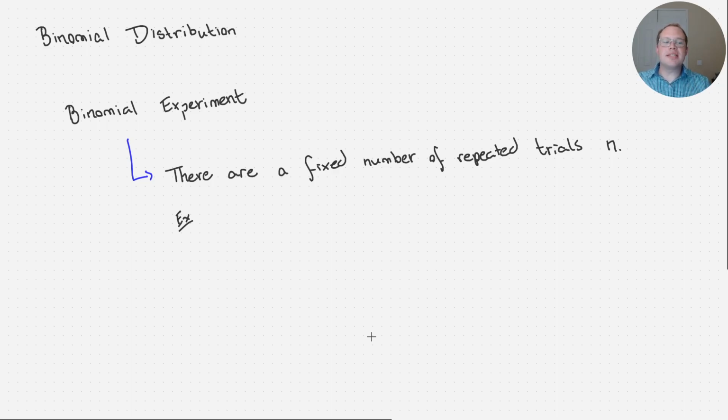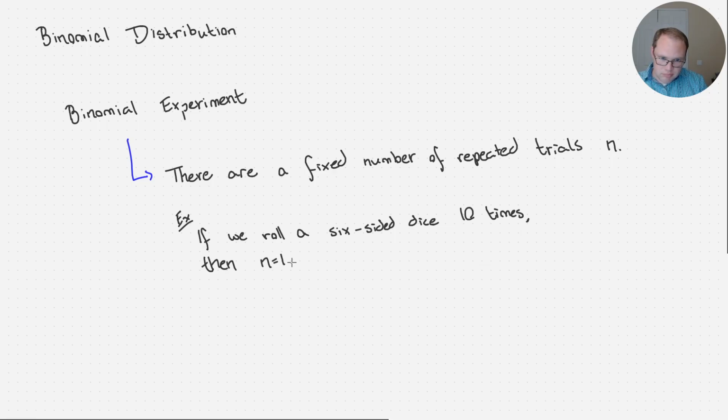Every time we roll the dice is like a trial. A standard six-sided dice. If we roll a six-sided dice 10 times, then there are 10 trials.